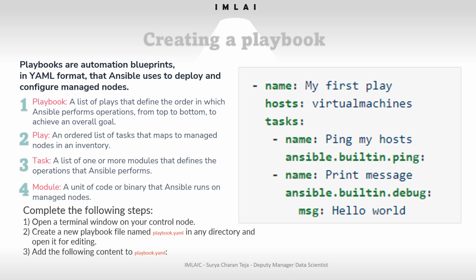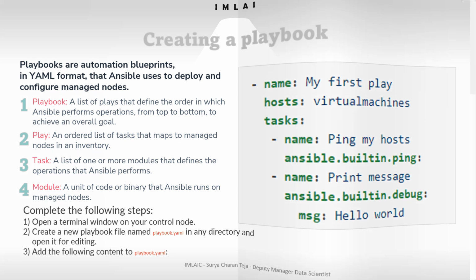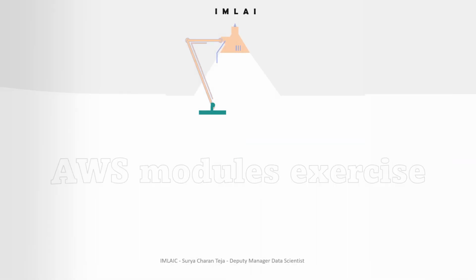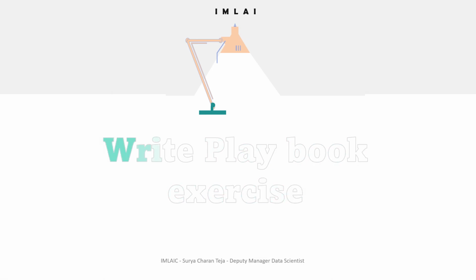To do this, the procedure is: open the terminal window on the control node or control machine, create a new playbook file, and then execute that playbook file. That's how it works.